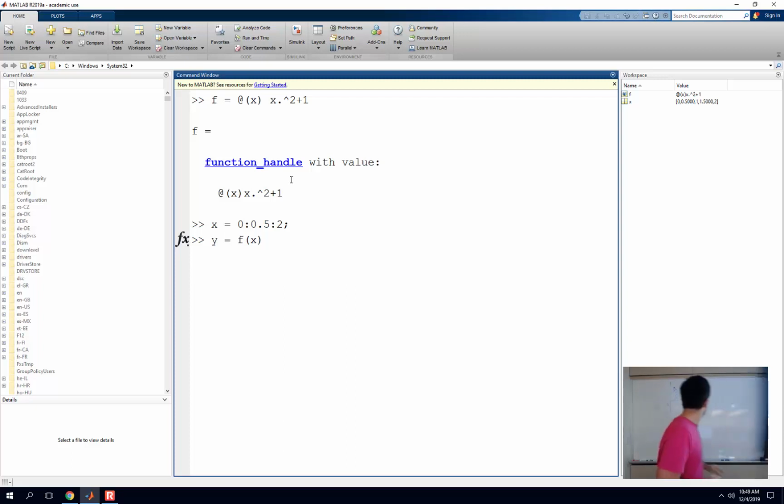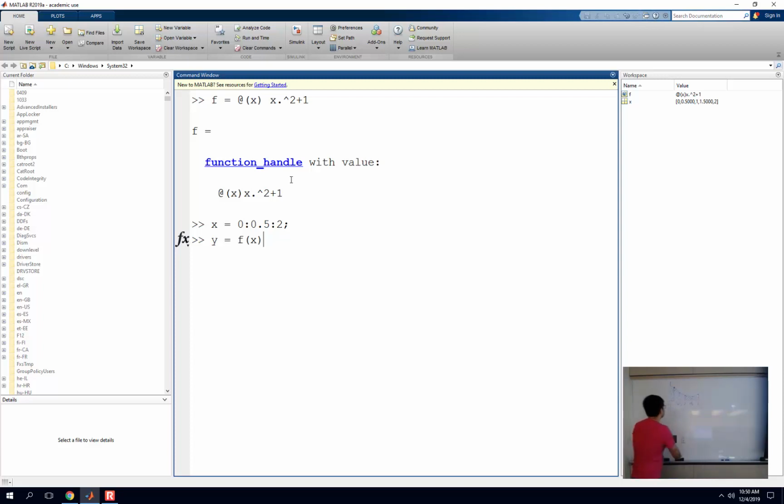So I have x equal to 0, x equal to 0.5, 1, 1.5, and let's say this is 2, and then it doesn't really go after that.